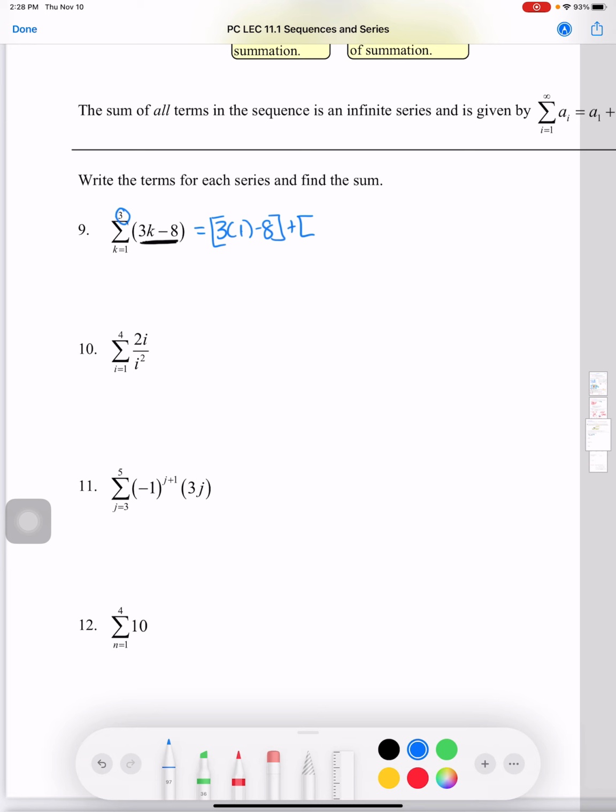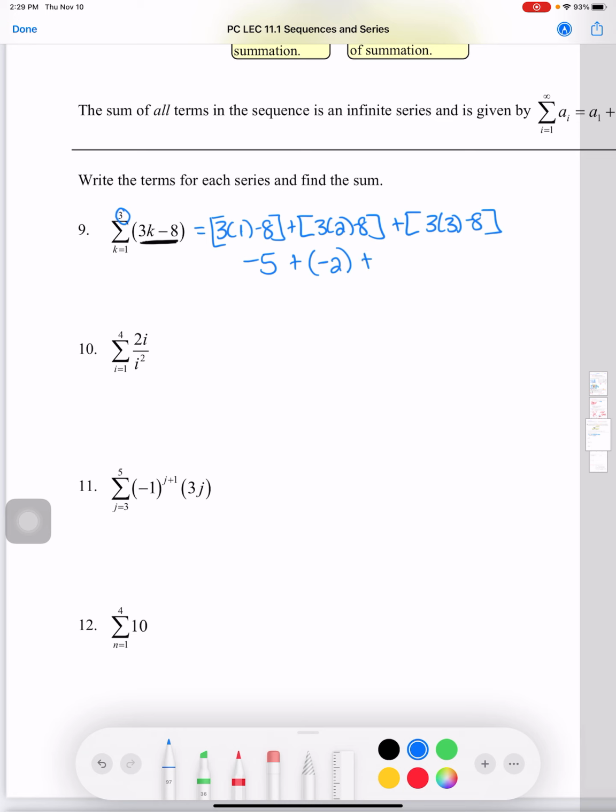So then I would do 3 times 2 minus 8. And my last term would be found by substituting 3 into that expression in the place of k. So what that gives me is 3 times 1 minus 8. 3 minus 8 gives me negative 5. Plus 3 times 2 is 6. 6 minus 8 is negative 2.